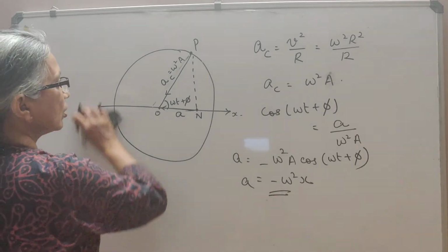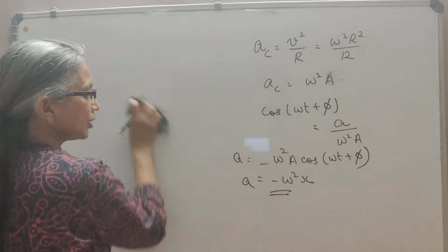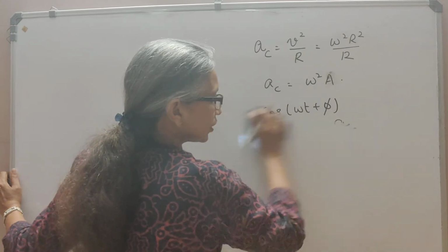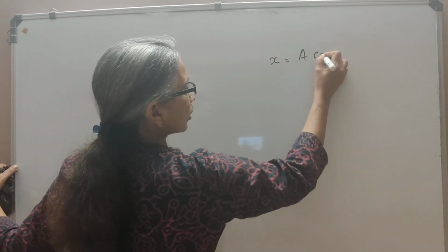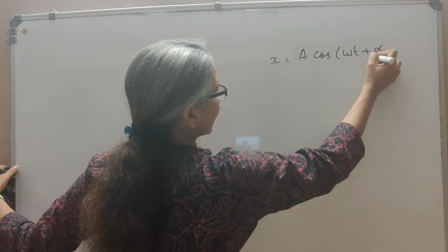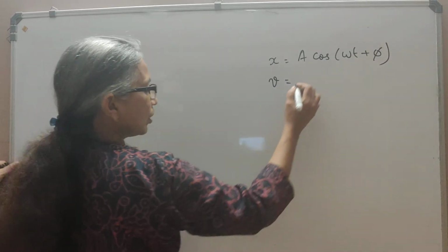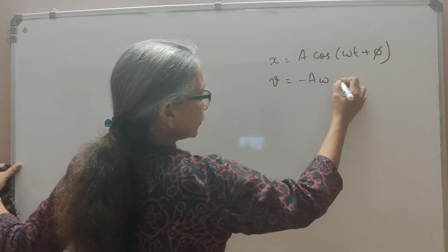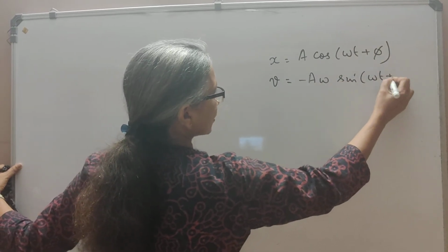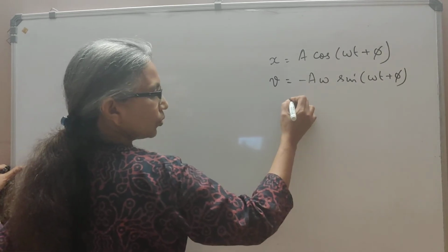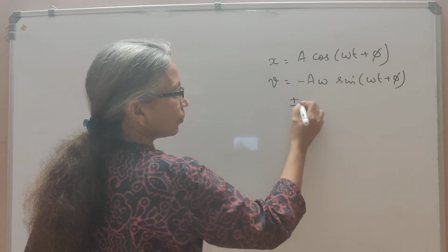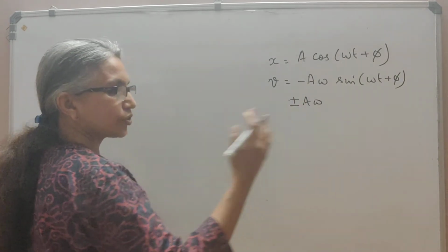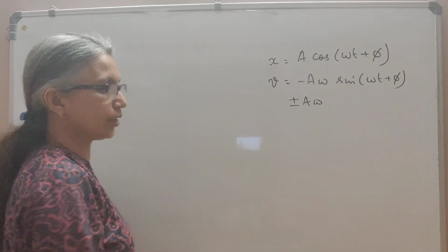We may also now draw graphs to represent the displacement, the velocity, and the acceleration of this simple harmonic oscillator. Our equations are x = A cos(ωt + φ), and v = -Aω sin(ωt + φ), where the maximum value, at the mean position, is plus or minus Aω, and at the extreme positions we have velocity equal to 0.